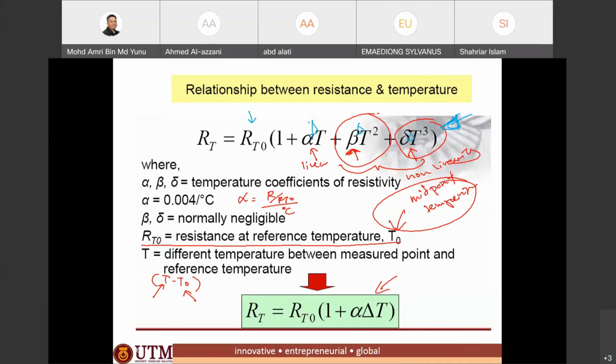So you see that in this part of the equation, 1 plus alpha delta T, alpha is the linear coefficient or the linear sensitivity, beta is the square, or the quadratic coefficient, and delta is the cubic coefficient.